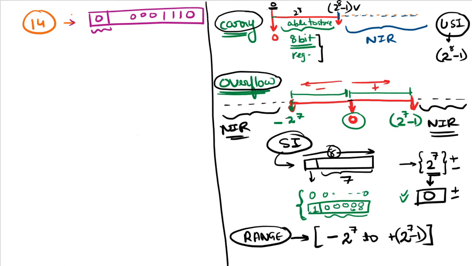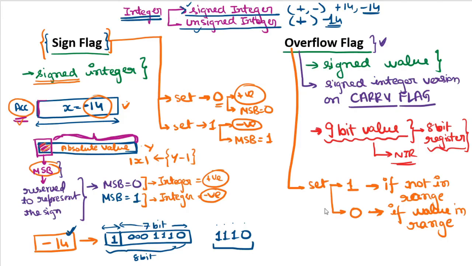If the value that is stored in the accumulator, or the value that is calculated after the operation, is between minus 2 to the power 7 and plus 2 to the power 7 minus 1, then the value inside the overflow flag will be 0, else it will be 1.